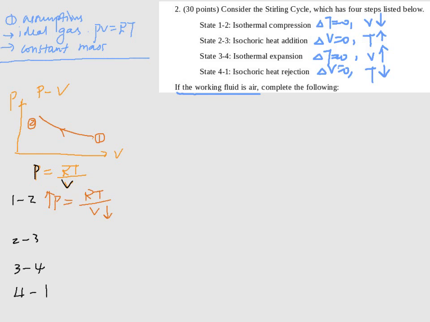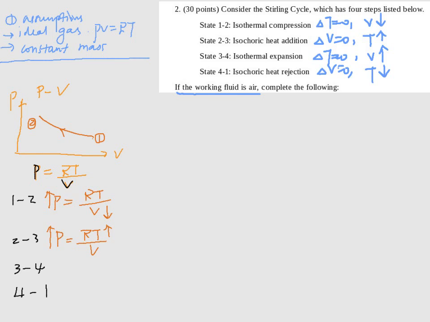Now let's go to state 2 to 3. Same equation again, P equals RT over V. This time, V is constant, but T is increasing. R is also constant. So that gives us the increase in pressure.